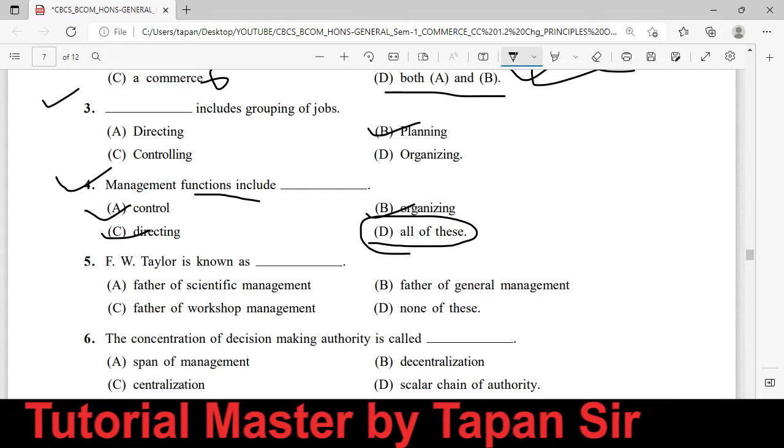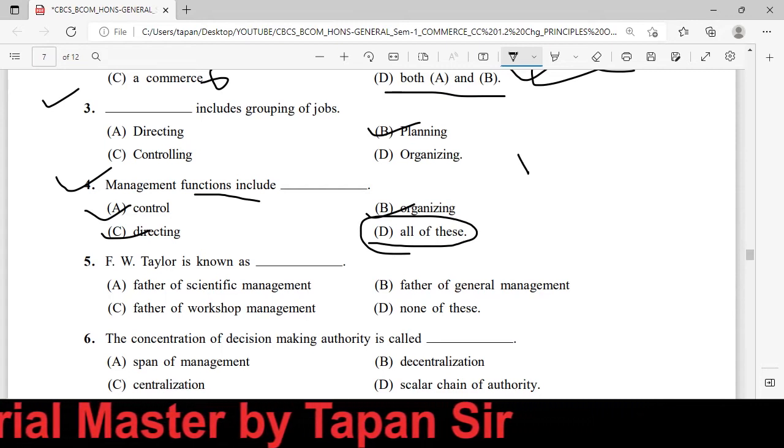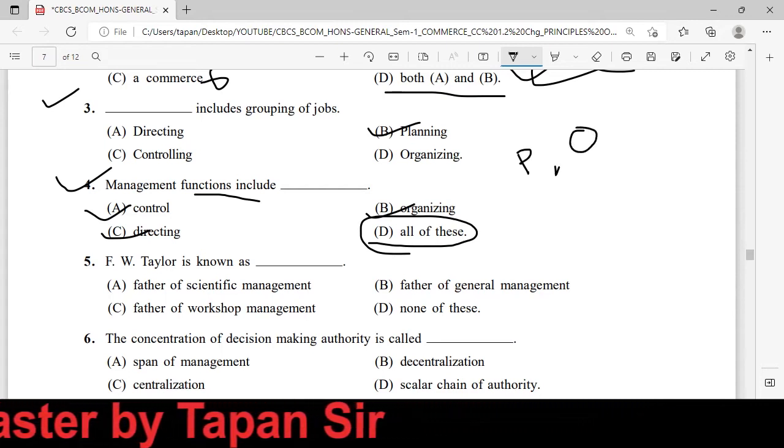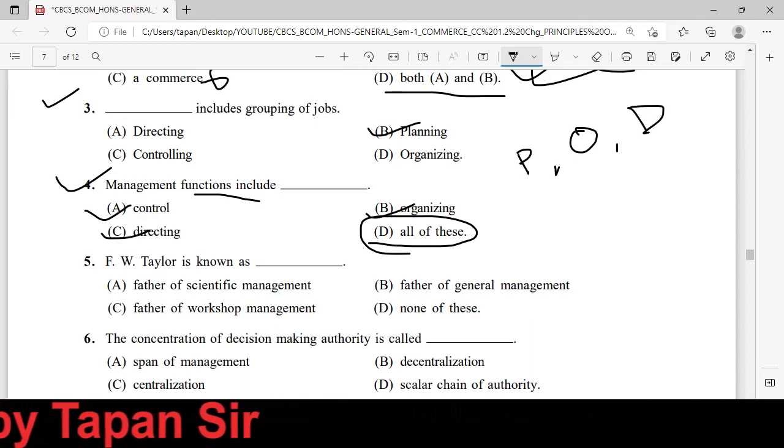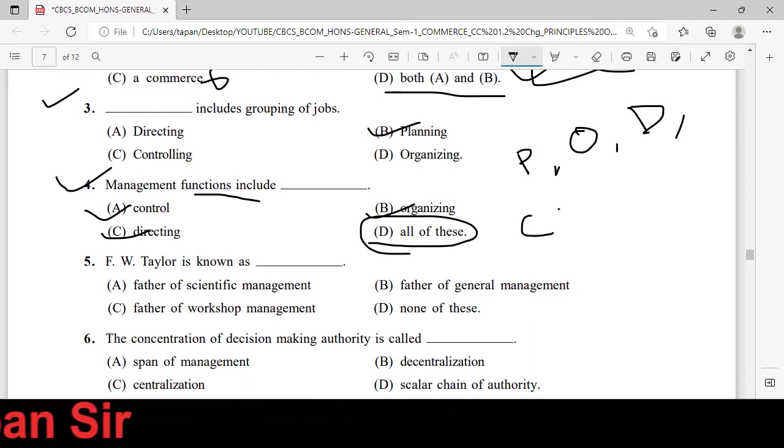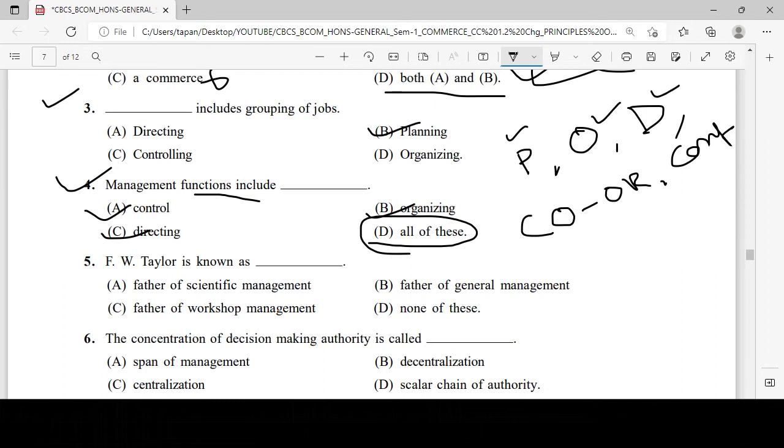Somebody says that there are 4 functions: planning, organizing, directing, coordinating, and controlling.